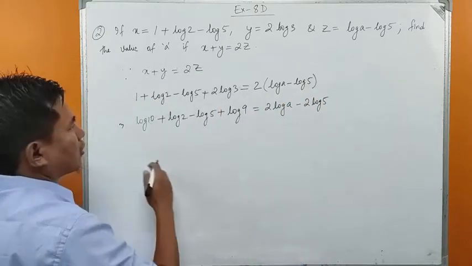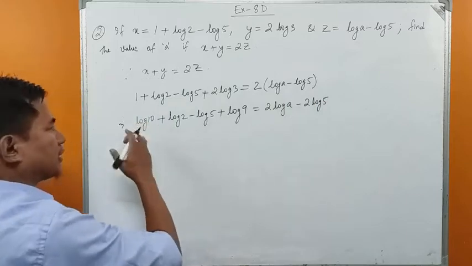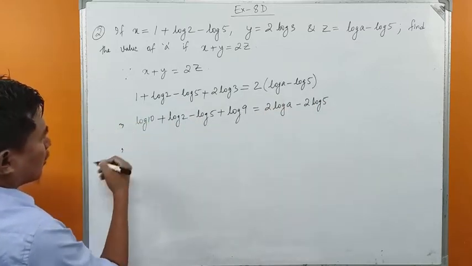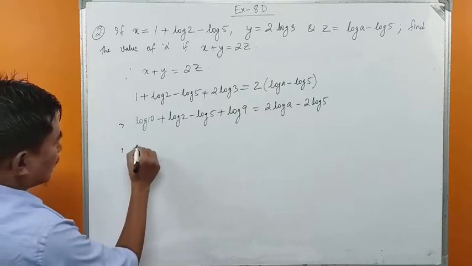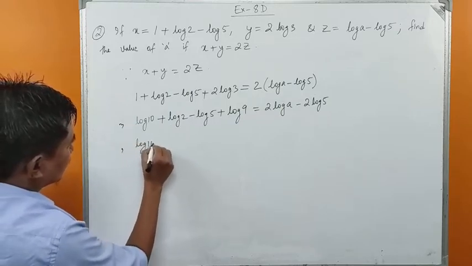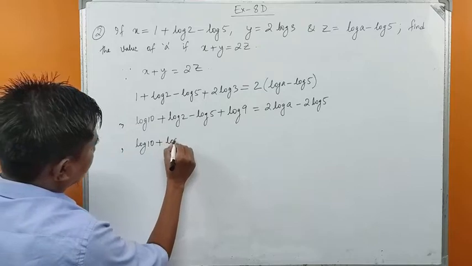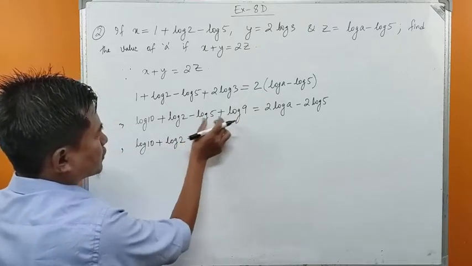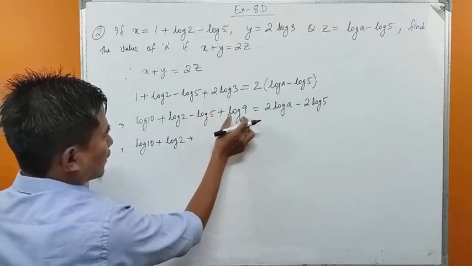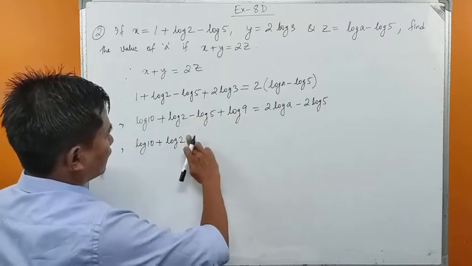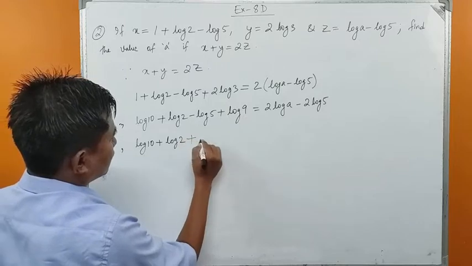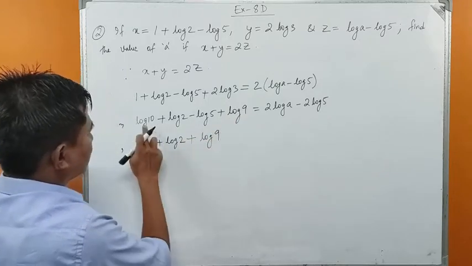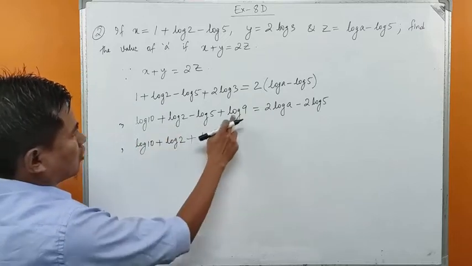So let us bring 2 log 5 to the left hand side and keep 2 log a in the right hand side. Now we have log 10 plus log 2 plus log 9.